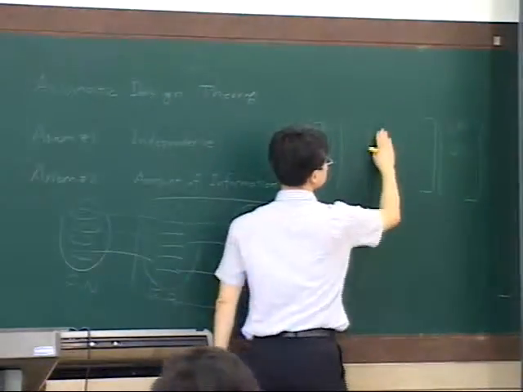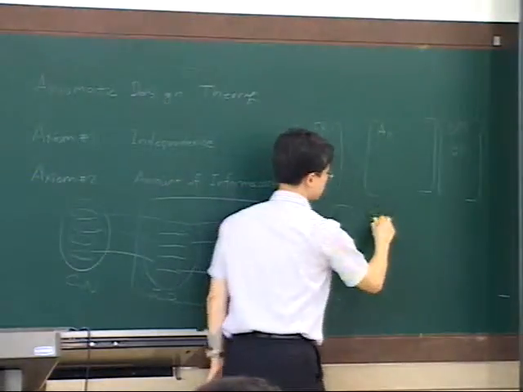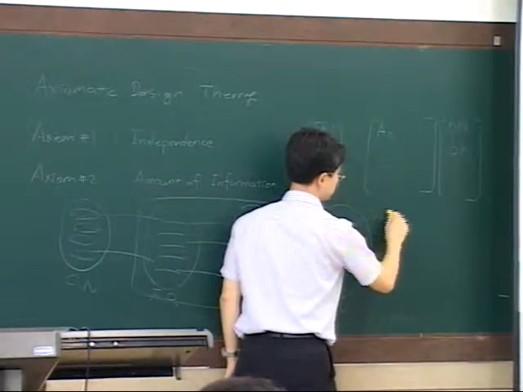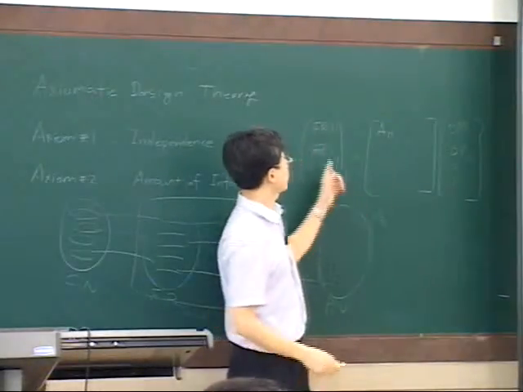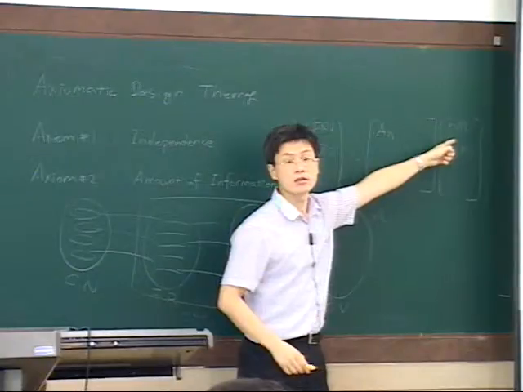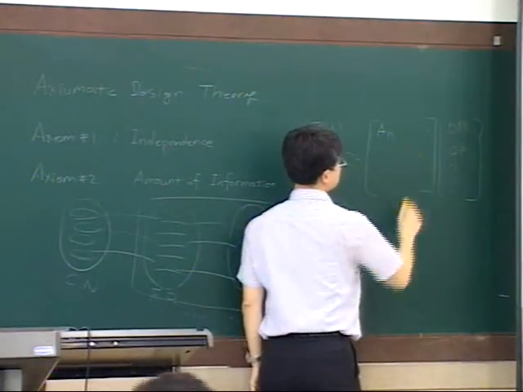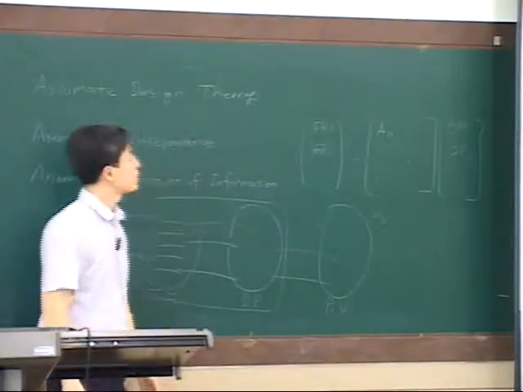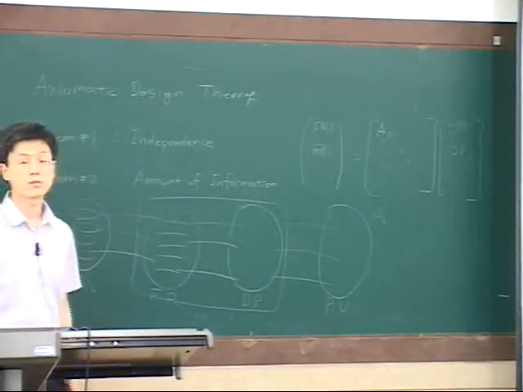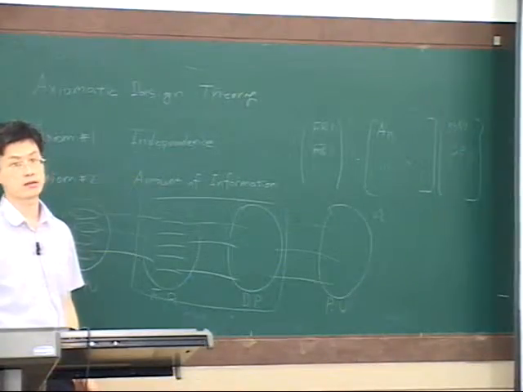Or A11, because if you need some more description of why FR1 can be satisfied by DP1 or something like that. And according to this axiom number 1, good design should be an uncoupled design.